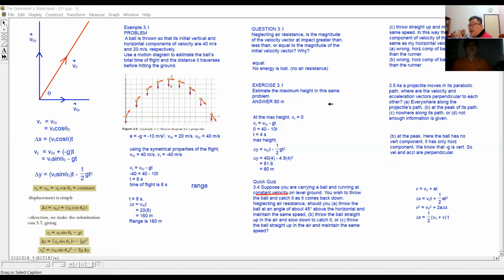The ball I'm carrying already has 10 meters per second, even though it has not left my hand. I haven't thrown yet, I'm just still running with the ball.